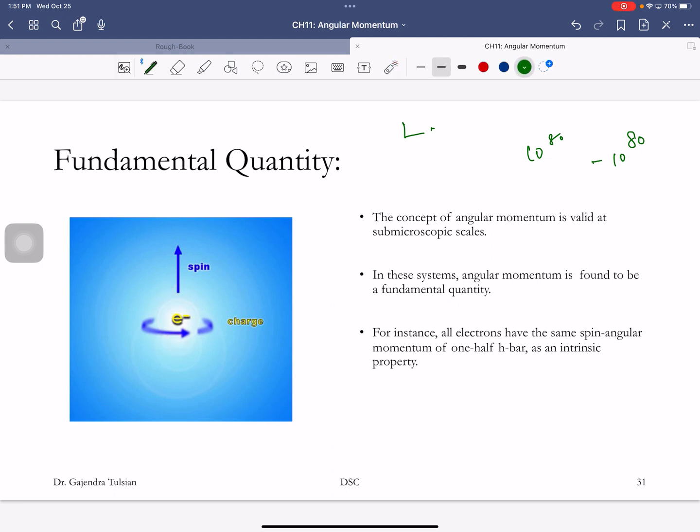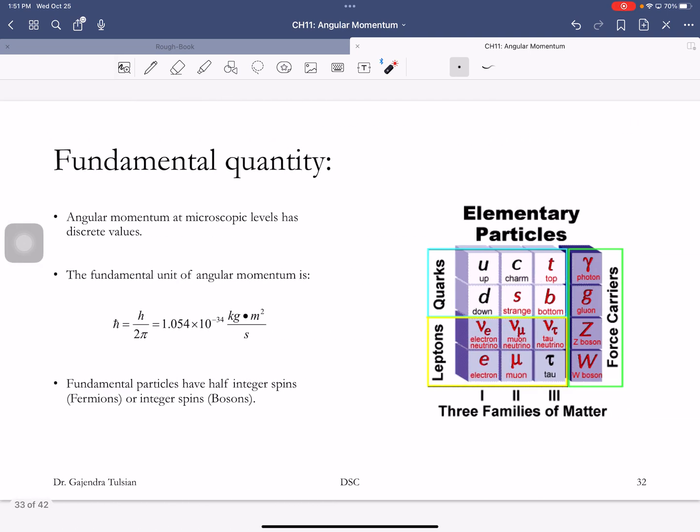Whenever something spins, it has angular momentum. The angular momentum of every electron is 1/2 h bar. The angular momentum of every proton is 1/2 h bar.